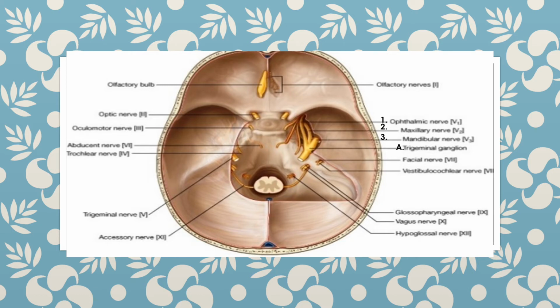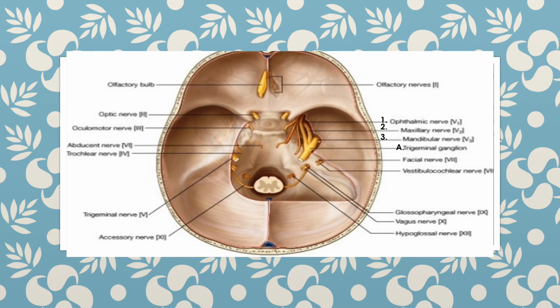Here you can see the cut section of the spinal cord present in the foramen magnum. In front of the foramen magnum there is the clivus where the brainstem lies.